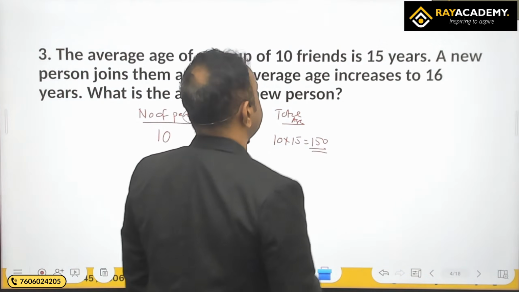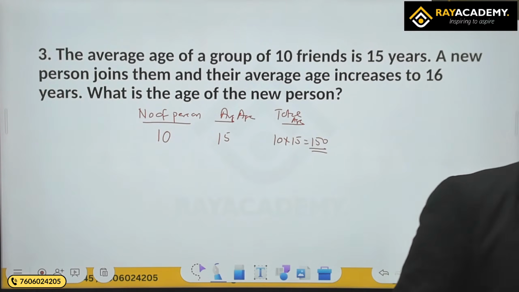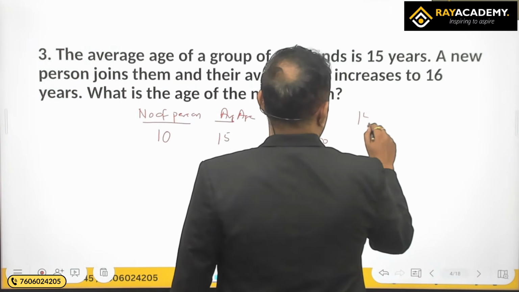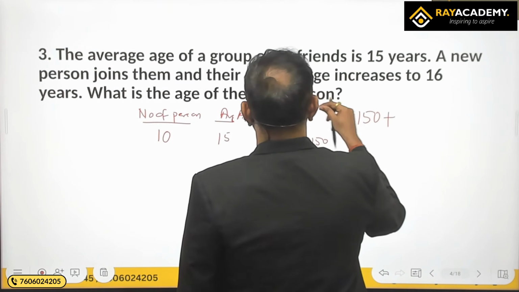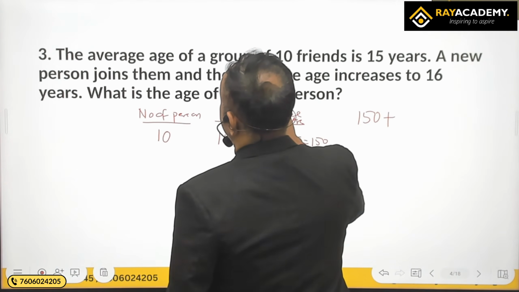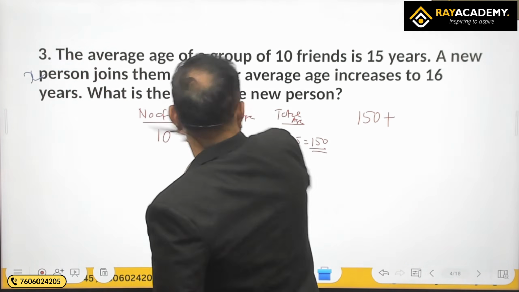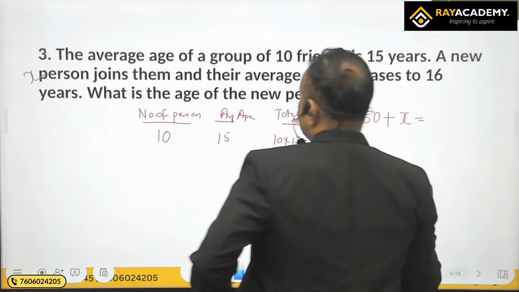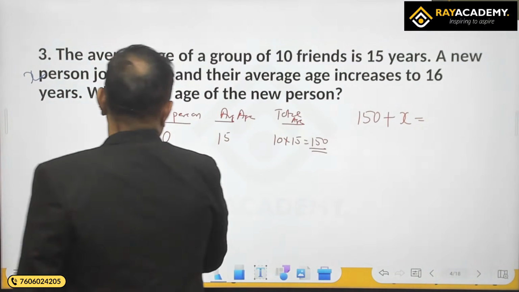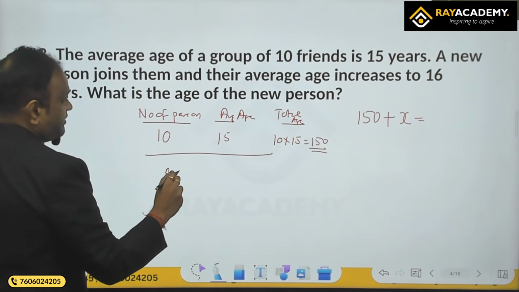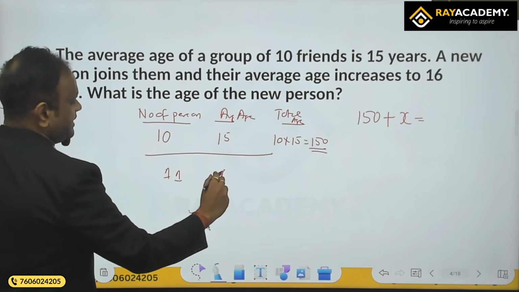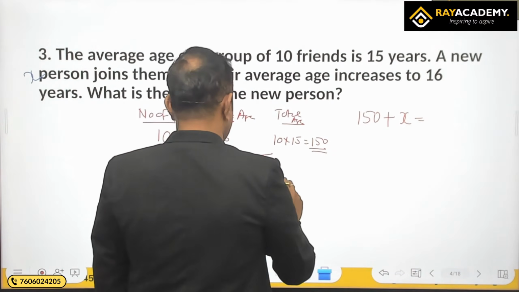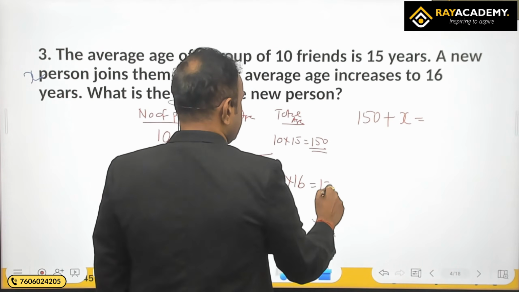If a new person joins, let the new person's age be x. So 150 plus x equals, now the new average is 16, but the number of persons is now 11. So the total is 11 multiplied with 16, that is 176.